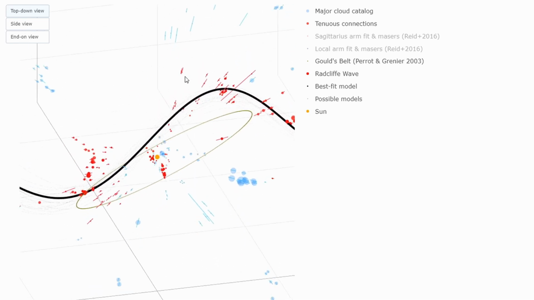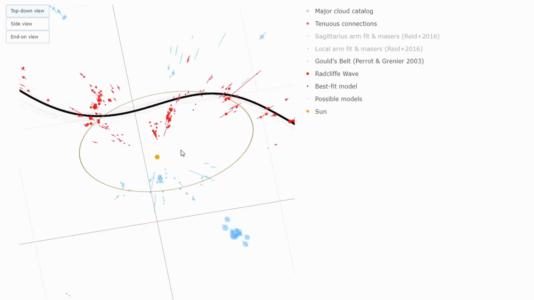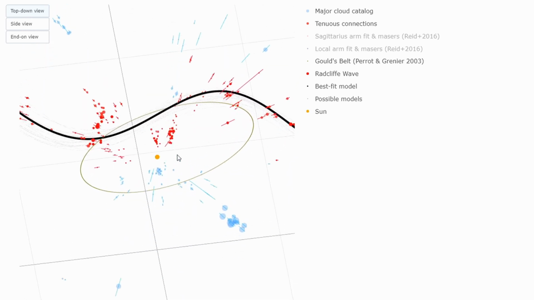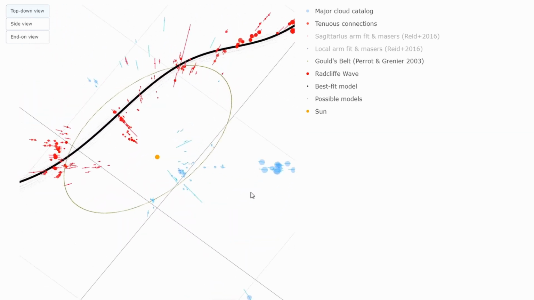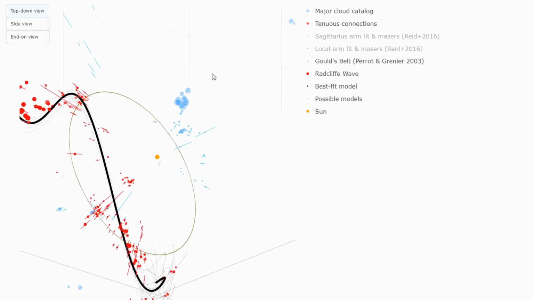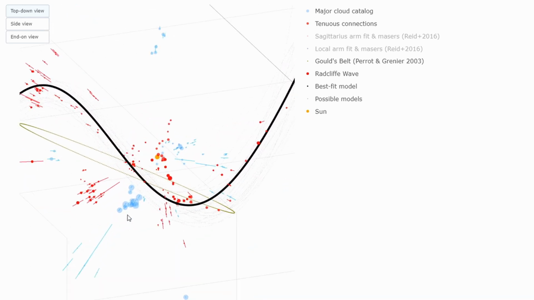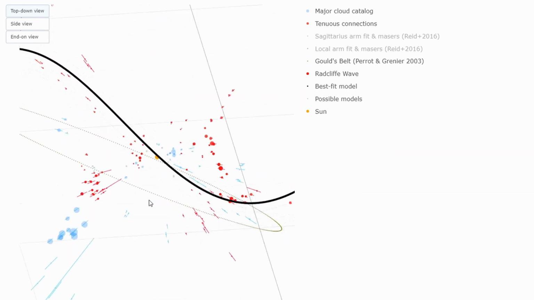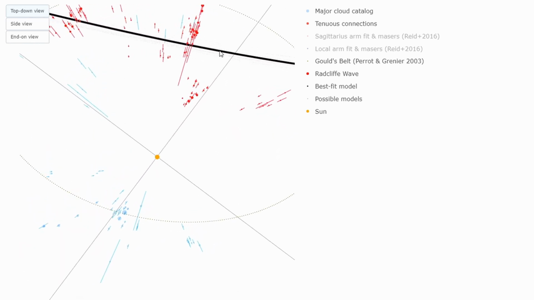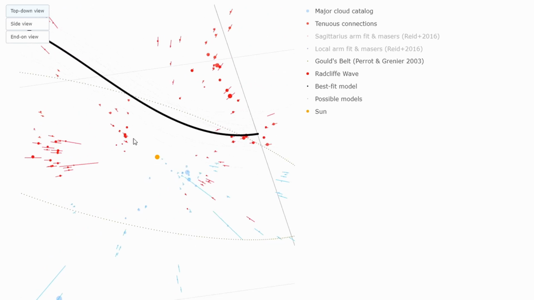Notice that the error bars are huge along the line of sight. You have no trouble figuring out left to right across the sky where it is, but how far along that sight line? Notice that those error bars are pretty significant. Even if they're right about those, you could map some significant helical motion onto that.